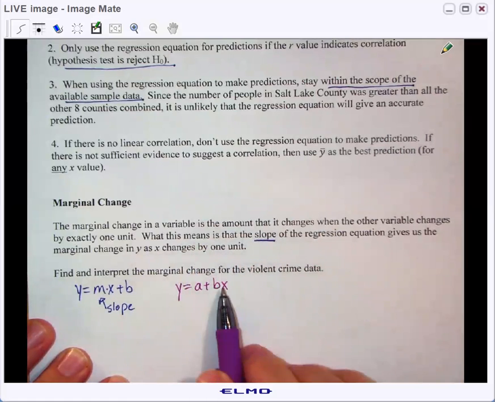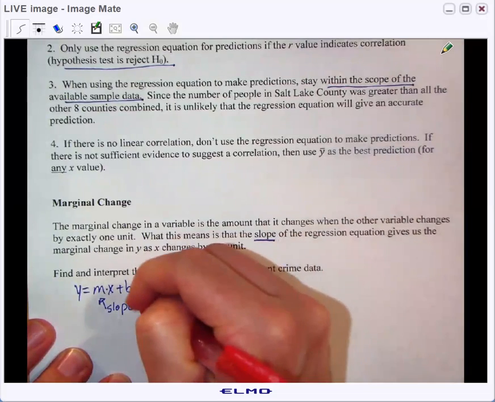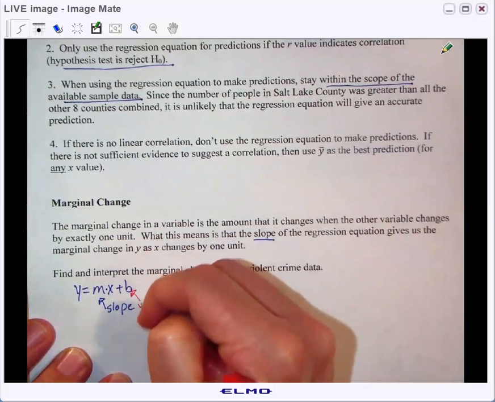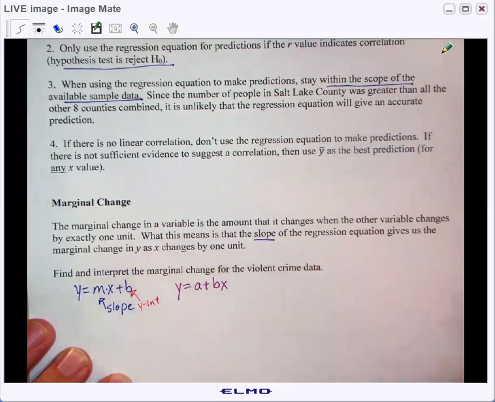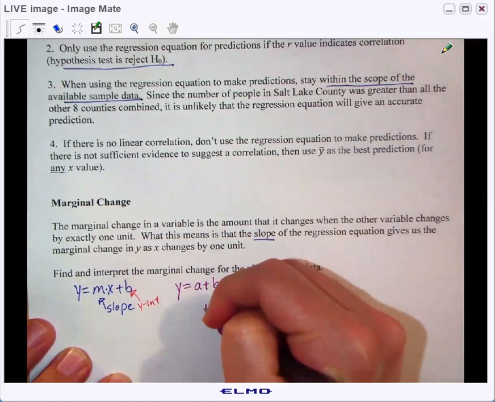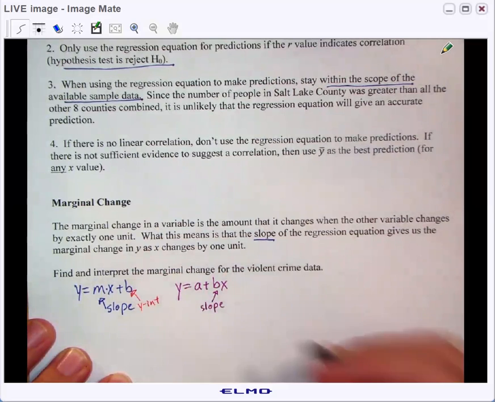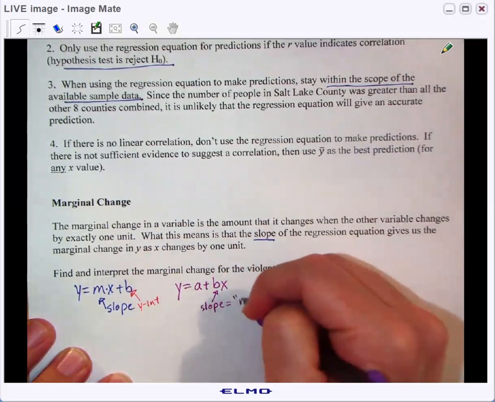Note that the b here is the number that's multiplying the x, not the same as the b over here, which, if you remember, this b in slope-intercept form is what we call the y-intercept. So what we're going to do is use this b, and remember that he is the slope, and he's going to be our marginal change.